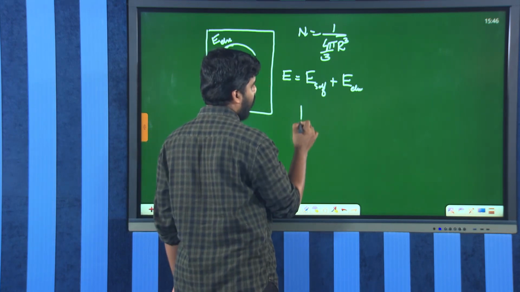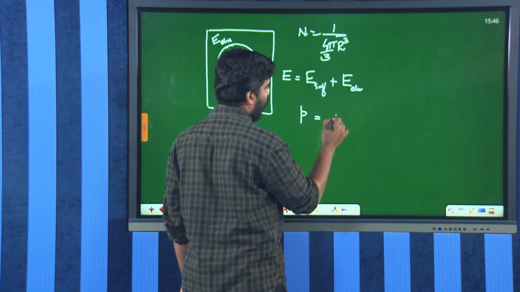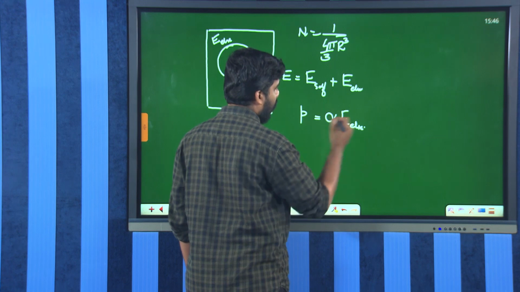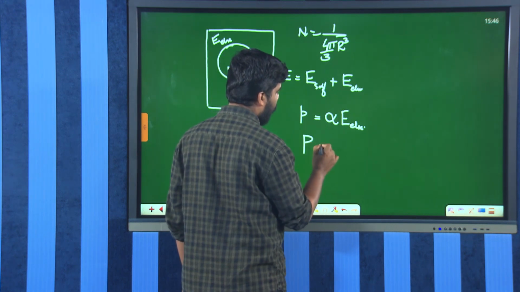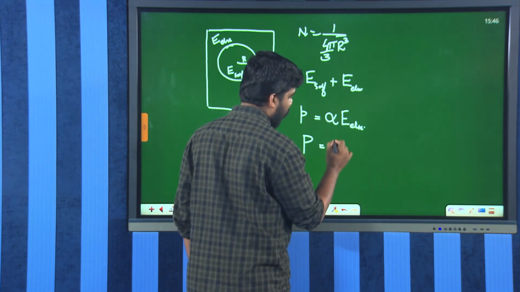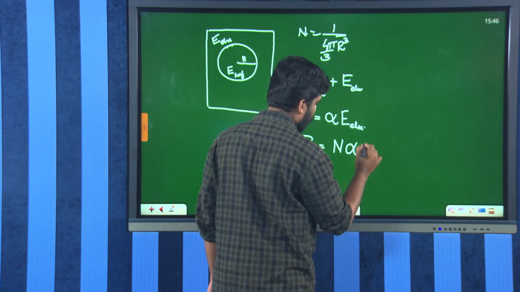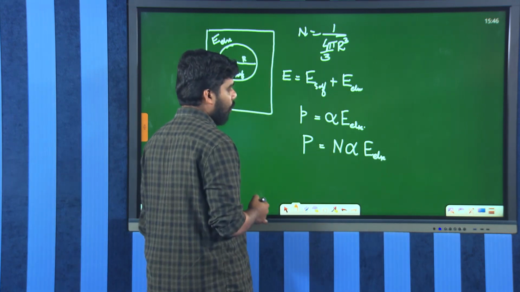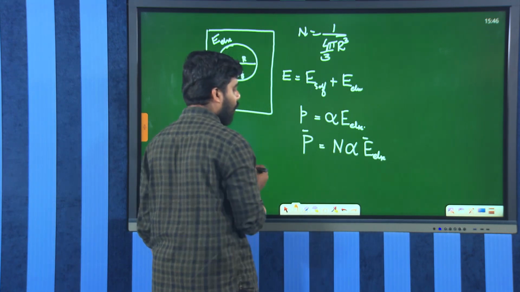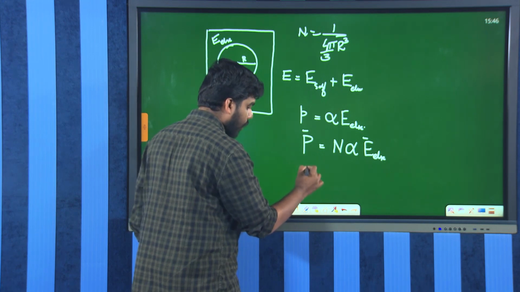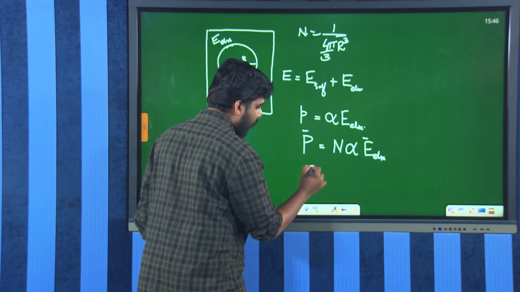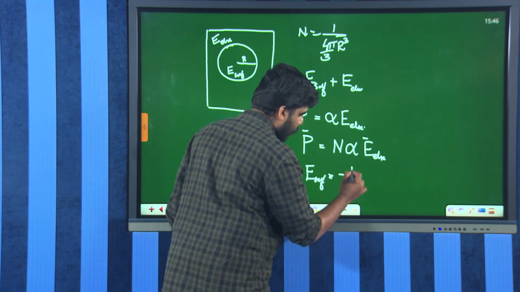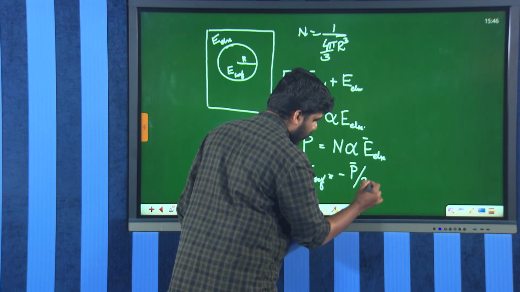So, we know that the dipole moment is equal to alpha into E else, and the polarization P is given by n into alpha into E else if there are n dipoles. And also we have the expression for a sphere, E inside, that is E self, which is minus P by 3 epsilon 0.